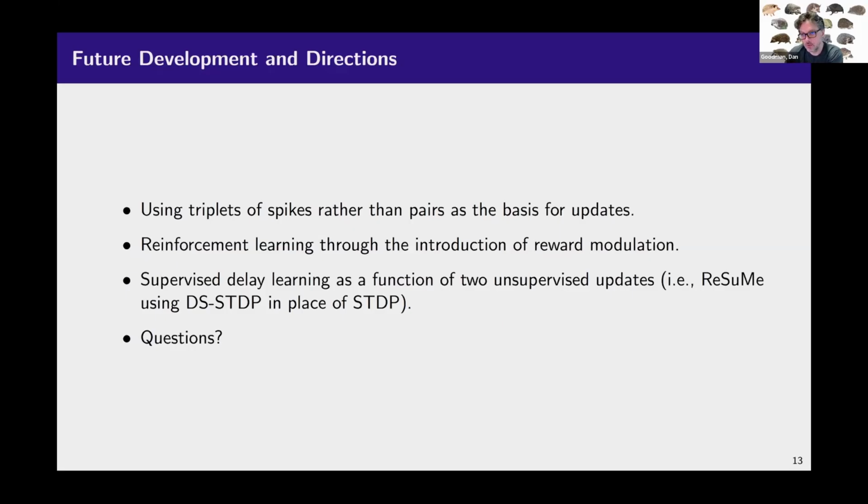Okay, I think we'll just ask one last one from Tim Masquelier, which is, could you learn the optimal delays using backprop and then see how far your STDP rule gets from whatever backprop is finding? And maybe you can use that to inform tweaking your STDP rule. That's interesting. To the best of my knowledge, there are surrogate gradient methods that do work with delays. So yes, I believe you could do that.